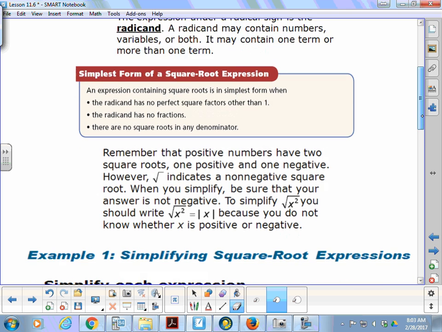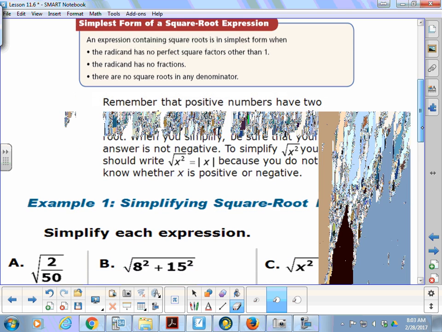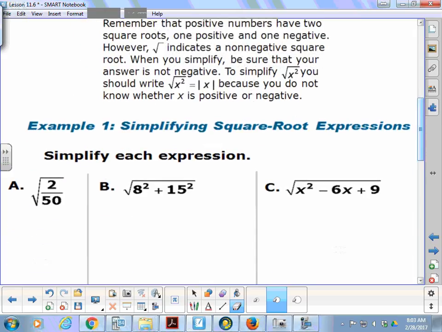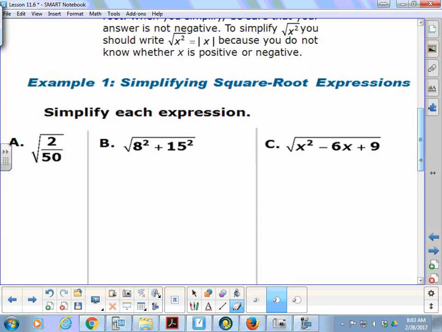All right. So simplifying square root expressions. First of all, when you're trying to simplify expressions, we always want to simplify what's under the radical, what you can, first of all.